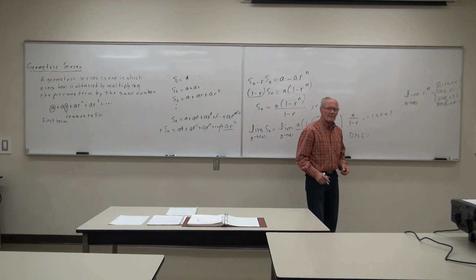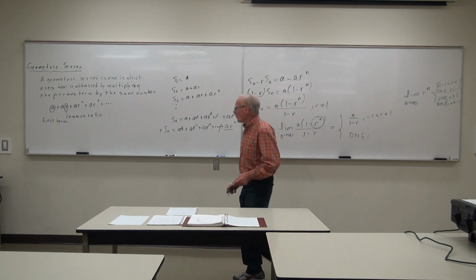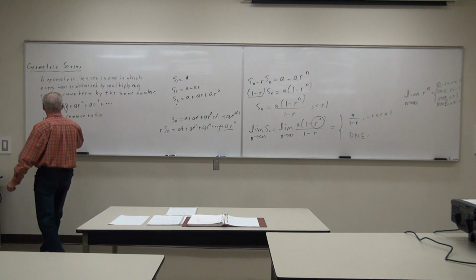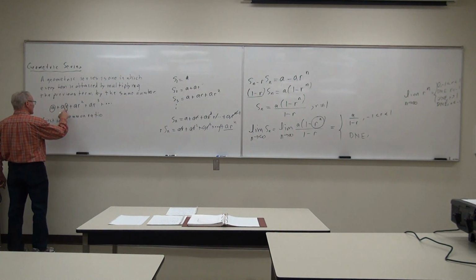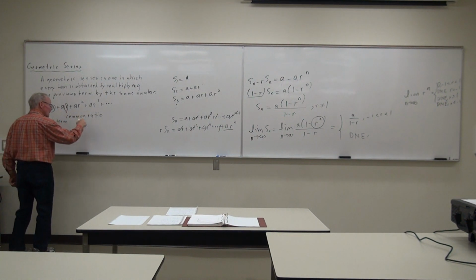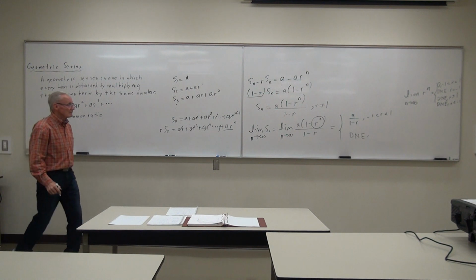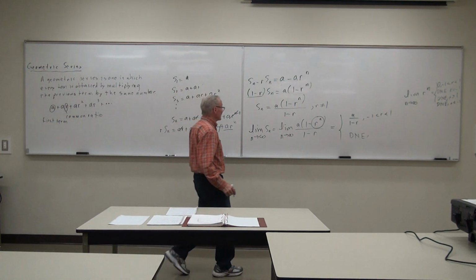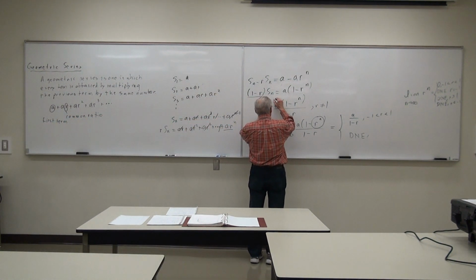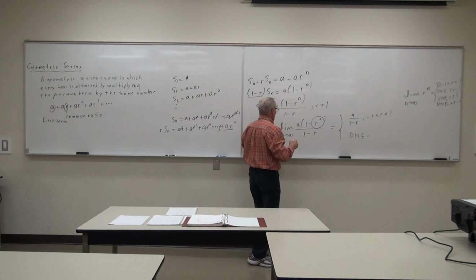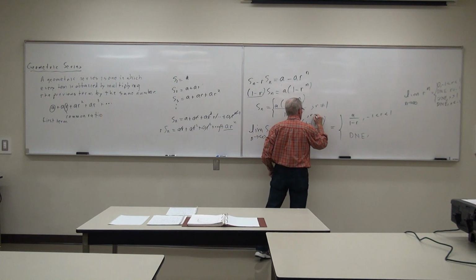What about r equal to 1? If r is equal to 1, then what's your series? A plus A plus A plus A, right? Could we write that in here and say, the sum of the first n terms is this if r is not equal to 1, and what is it if r is equal to 1?